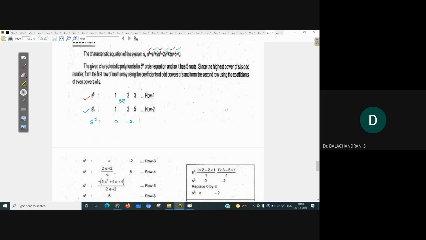Using s power 4 and s power 3, you should form s square. You should go up to s power 0. You should try this. If you have any difficulty to form this row, you can ask me in the next class. Once you have finished all the rows, s power 5, s power 4, s power 3, s square, s power 1, s power 0, the calculation is here. And then you need to allow epsilon goes to 0.